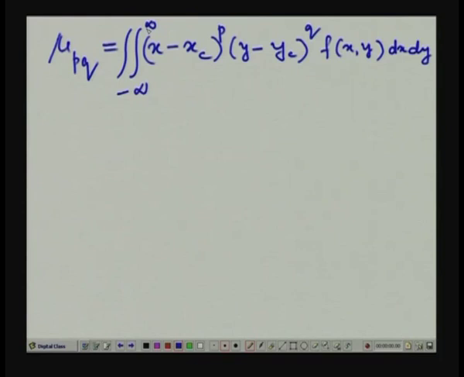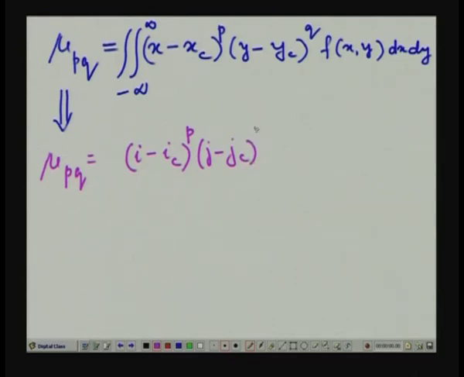So, this is what is called the normalized moment, and again in the discrete case, this moment will be expressed as mu p q equals (i minus x c) to the power p, (j minus y c) to the power q, f i j, taking the double summation over i and j.